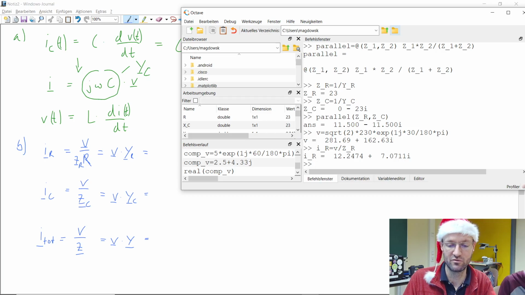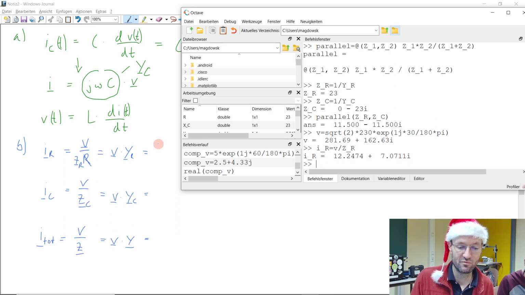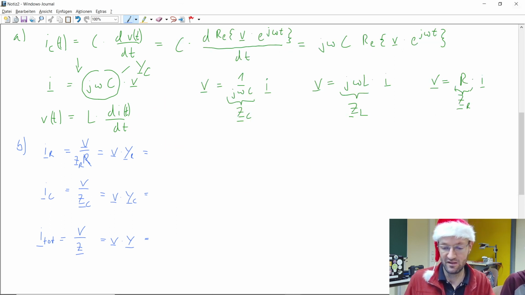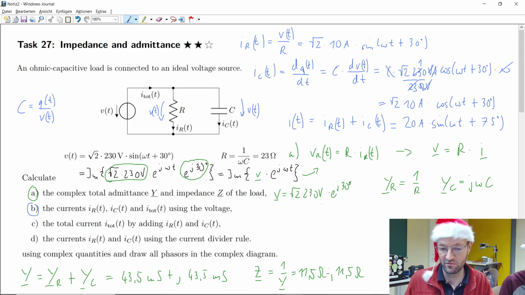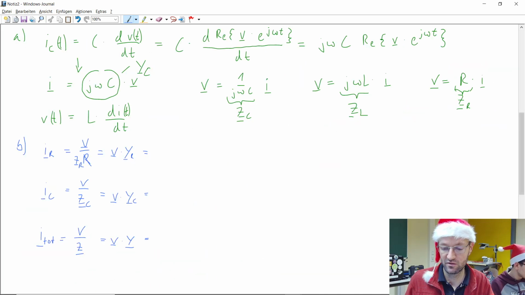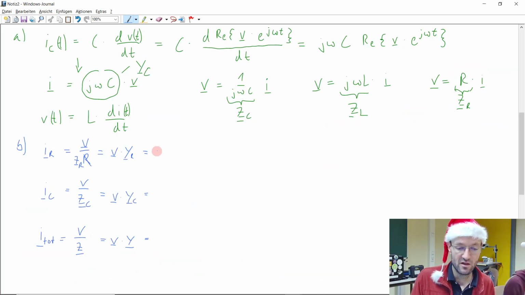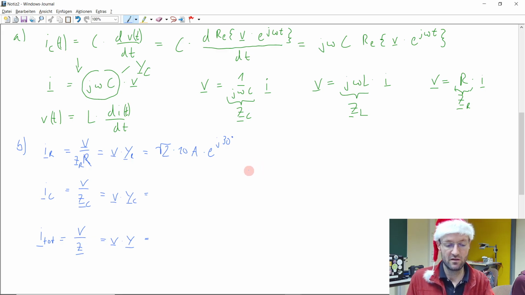If you would write it down, if we insert the equation from before, this one here divided by 23 ohms, then we should in this case also get square root of 2 times 10 ampere times e^(j30 degree).